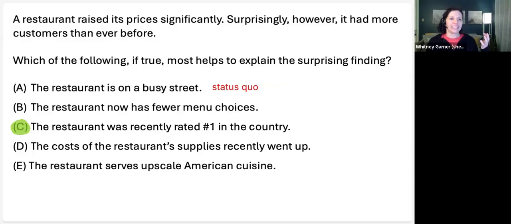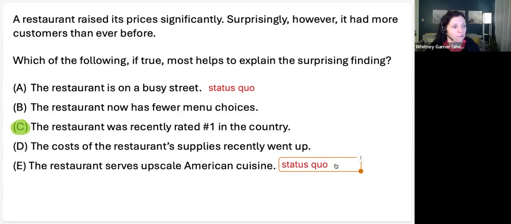It's like, yeah, but if the restaurant was on a busy street, it was on a busy street before. So just because they're on a busy street, the street didn't become busy. Right. And so what we need is, if you're going to tell me that after this change something happened, you can't just tell me, well, the restaurant was on a busy street. The same is actually true for answer choice E, right?